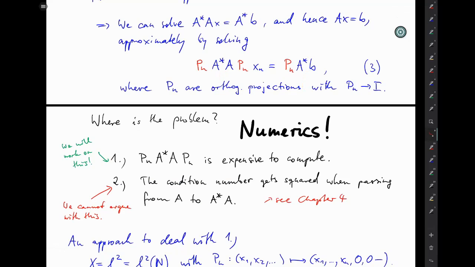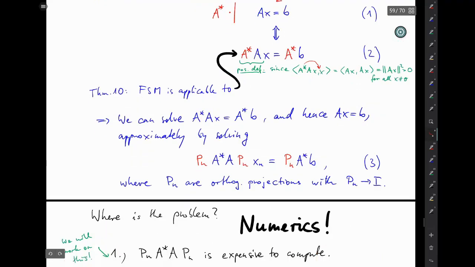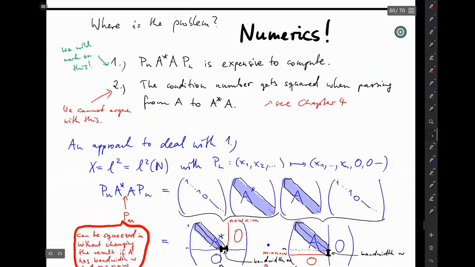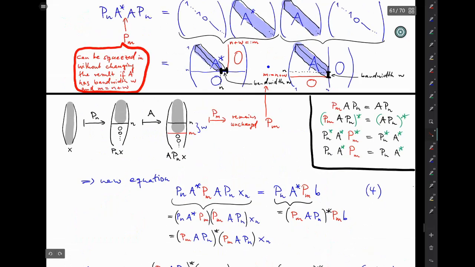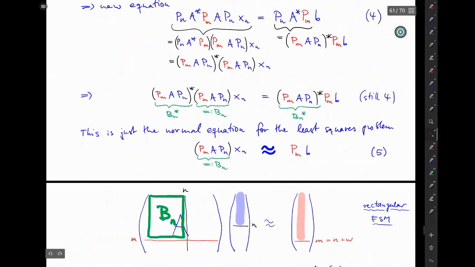And 3 is the finite section method for the equation 2. And 2 is equivalent to 1 by this little trick. Let's write all that down.